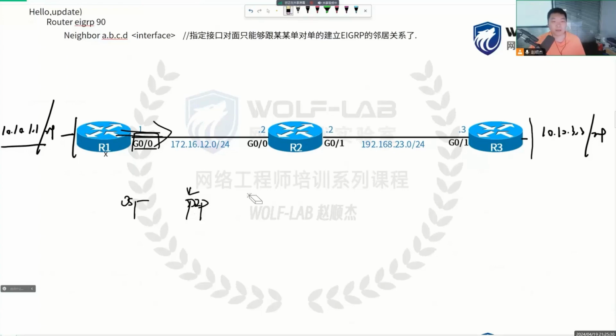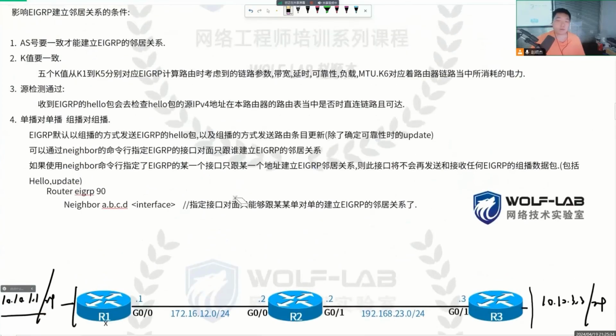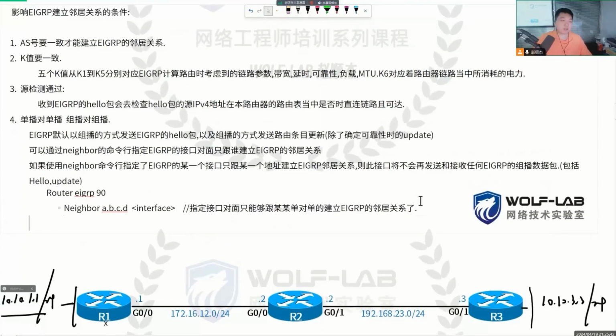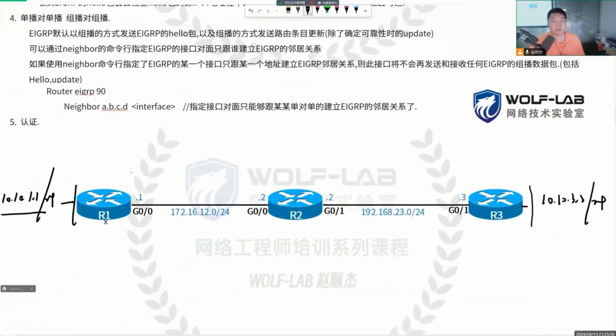The last condition that affects the establishment of neighbors is called authentication. Speaking of EIGRP authentication, actually it means that on both of our routers, we set up a gate, and this gate has a lock. For example, we enabled authentication. For instance, on R1, our zero interface enabled EIGRP authentication.